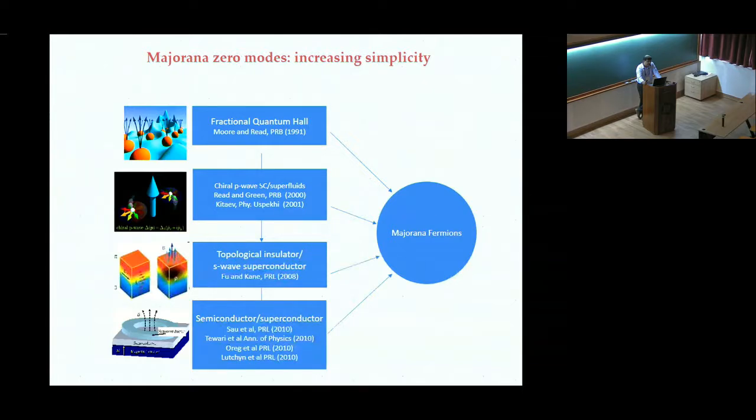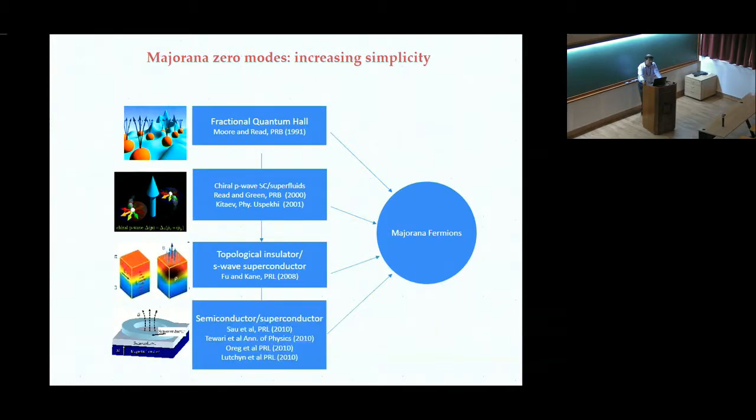And then Read and Green connected the physics of the 5/2 state to the chiral p-wave, spinless chiral p-wave superfluid or superconductor state in 2D. Kitaev went from 2D to 1D, still a spinless p-wave superconductor.